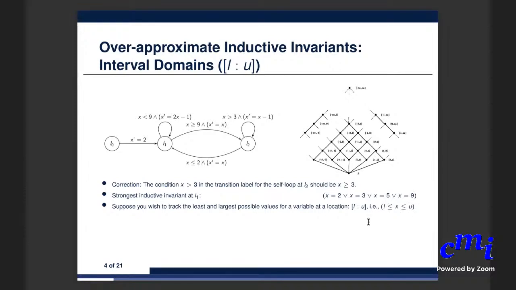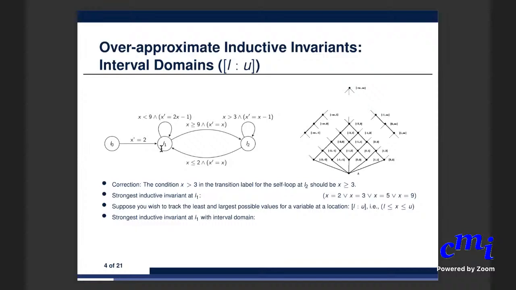Okay, so then you could compute inductive invariance at each of these locations. For example, in this interval domain, what is the strongest thing that you could say about the values that X can take at location L1?